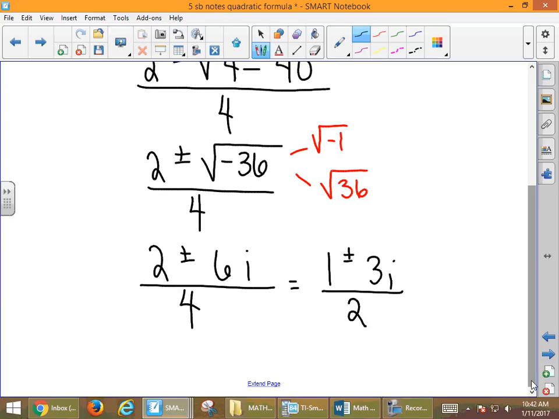This is the exact answer, by the way, and in fact it means 1 plus 3i divided by 2 and 1 minus 3i divided by 2. Can we get an approximate solution? No.